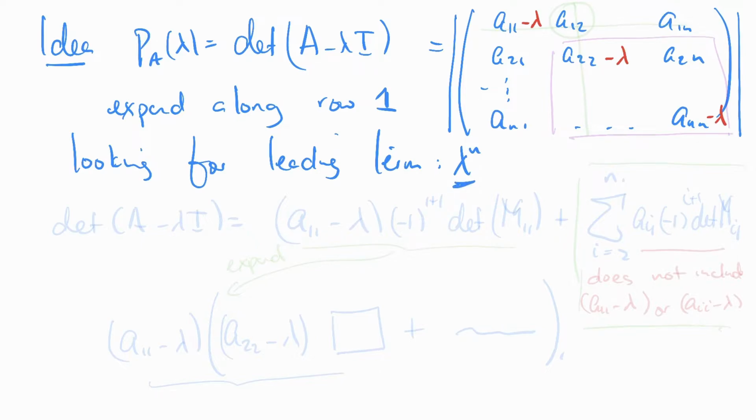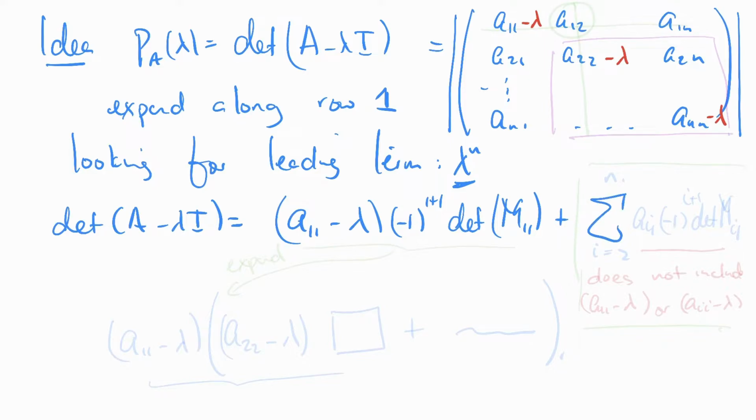Okay, so this determinant is going to be (A11 minus lambda) times (-1) to the 1 plus 1 times the determinant of M11. Plus, I'm going to actually put all the rest into a sum: A_i1 times (-1) to the i plus 1 times the determinant of M_i1, as i ranges from 2 to n.